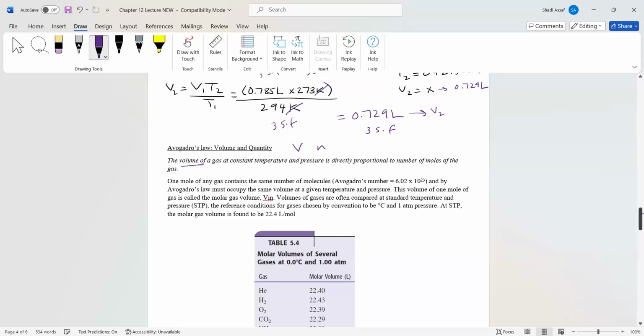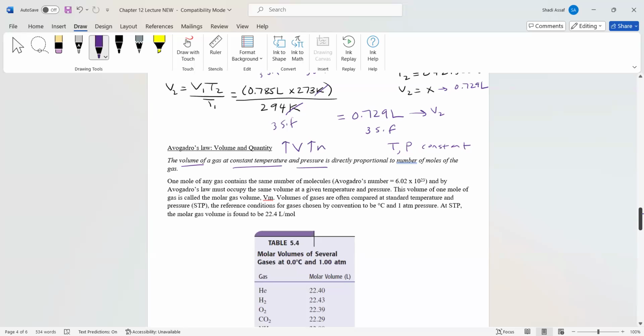The volume of a gas at constant temperature, so T is constant, and pressure, P is constant, so they're both constant, is directly proportional to the number of moles, meaning as we increase the number of moles, the volume increases. And the opposite is true. If you decrease the number of moles, you decrease the volume.